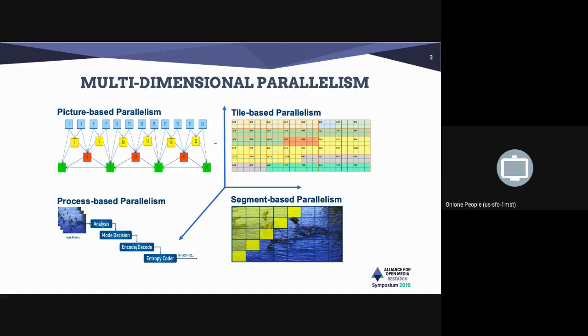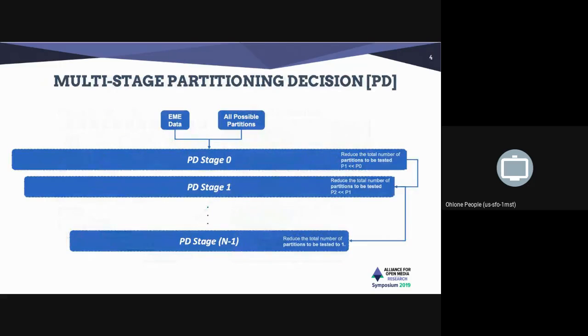Also, SVT uses segment-based parallelism, which involves the splitting of the picture into many segments, and which allows processing multiple segments in parallel.